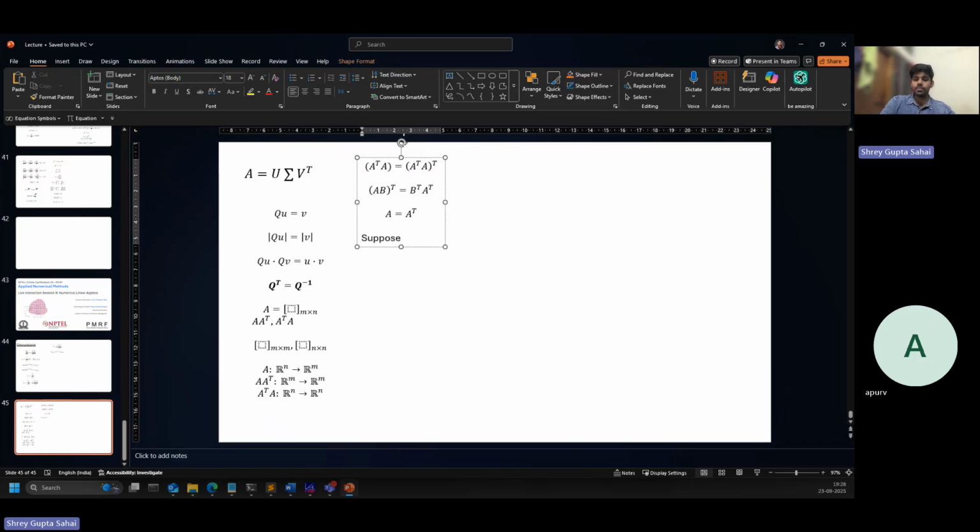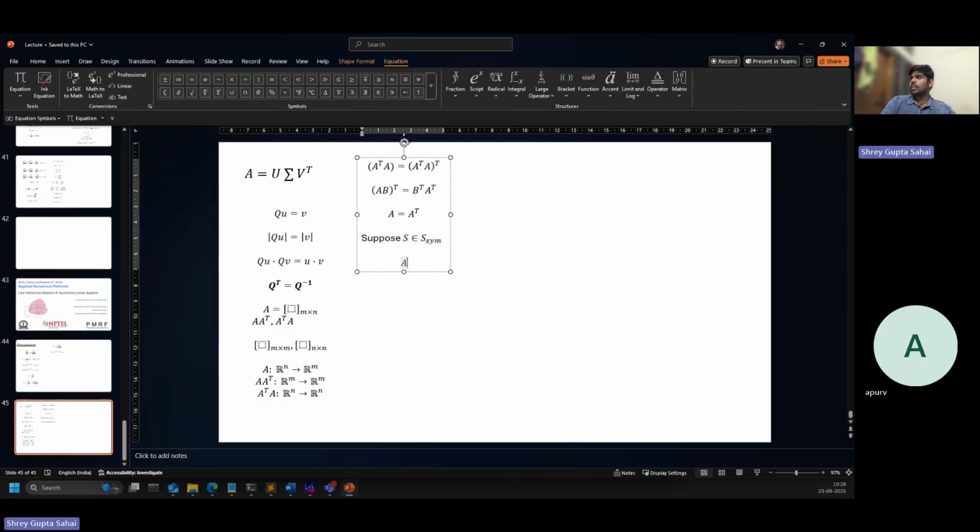Suppose S is a symmetric matrix, then it follows that we can write this thing for S. It's called spectral decomposition.